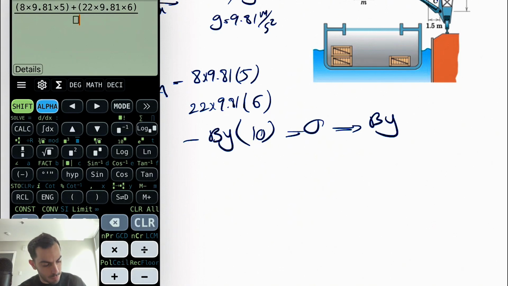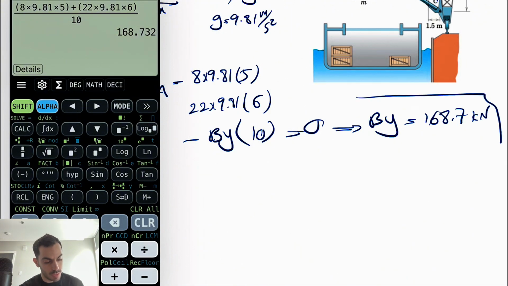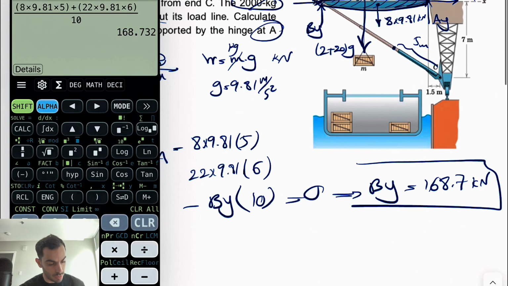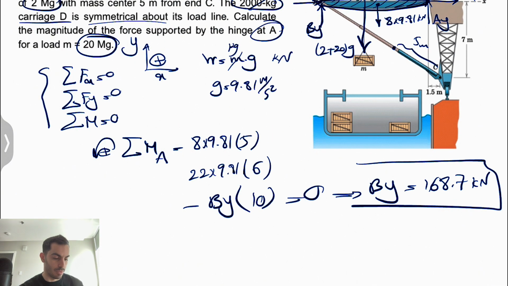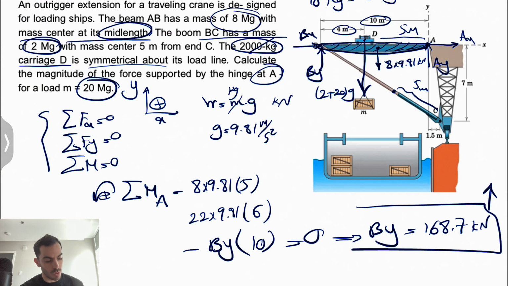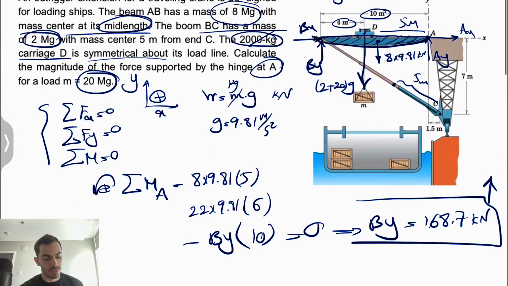This is going to give us By equals 168.74, and as we mentioned, it's in kilonewtons. We didn't get a negative sign, so that was the correct direction for By. Now that we have this, we can also find Ay from this member.